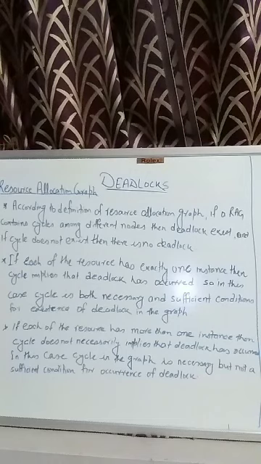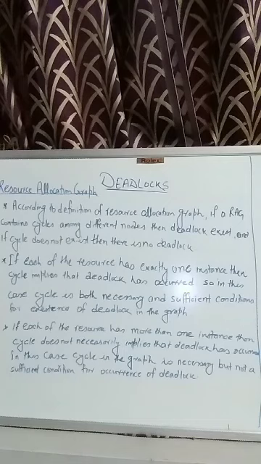In this resource allocation graph, we also consider the number of instances available of each resource. That is, if each resource has exactly one instance, that is quantity is 1, then a cycle implies that deadlock has occurred. It means the cycle directly represents the deadlock state of the system.